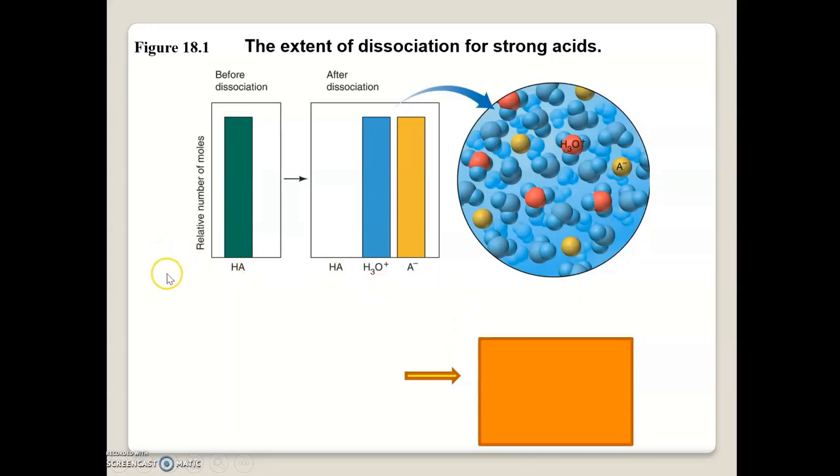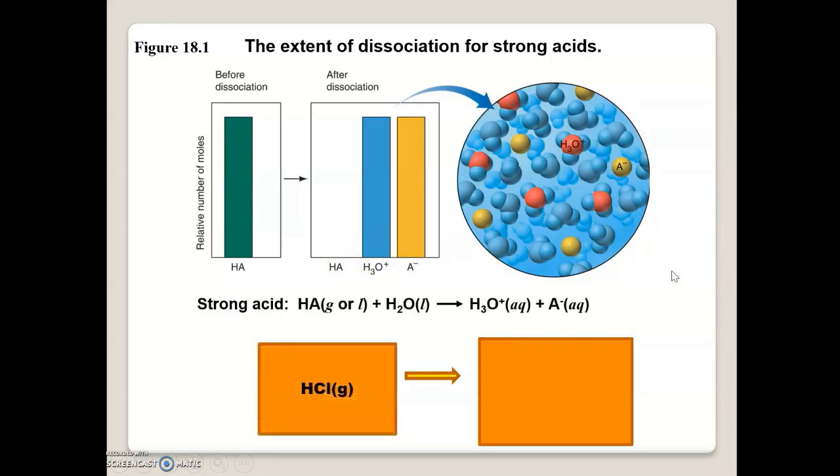If we have this example, we have HA. For example, we have 100 molecules of HA. When HA undergoes dissociation, it will produce 100 ions of H3O+ and 100 ions of A-. No more HA is left after the dissociation. So that is the strong acid example.